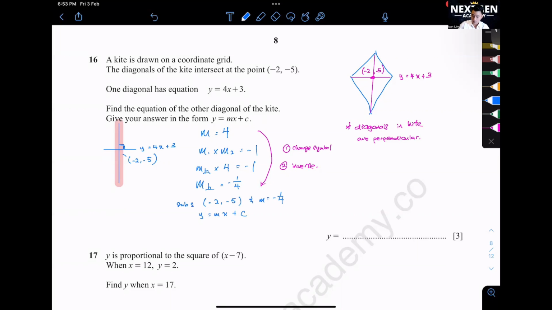So you will get -5 equals -1/4 times -2 plus c. c will be equal to -11/2. Therefore I have my m and my c value. Final answer will be y equals -1/4 x minus 11/2.